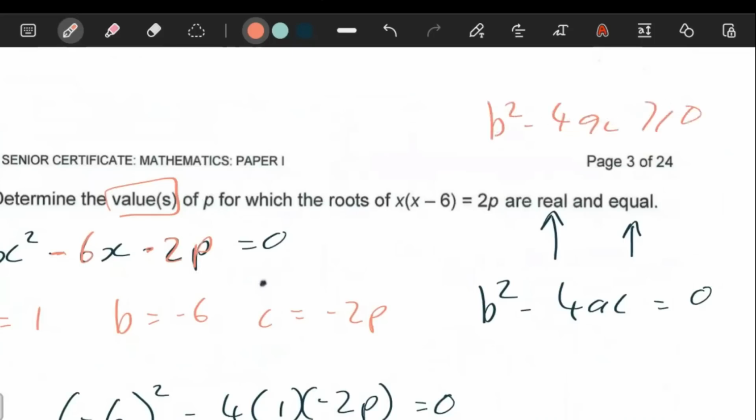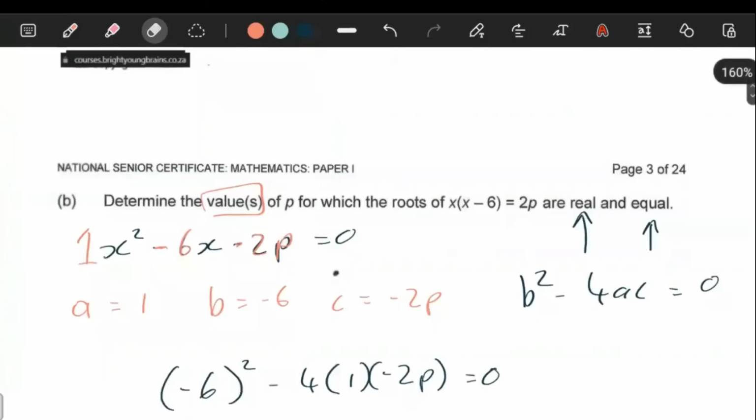But then hold on though. Roots are real and equal. It's kind of funny because if they say roots are real or equal, then, you know what? To be on the safe side, if they say determine the values of p for which the roots of this equation are real and equal, let's deal with where this is bigger or equal to 0.